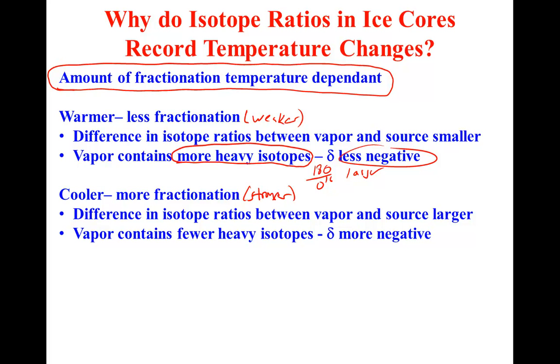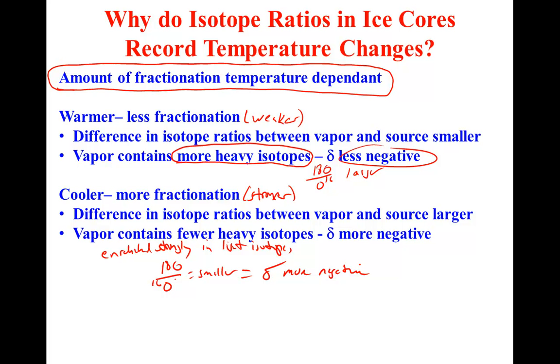The vapor, in contrast, becomes strongly enriched in light isotopes, meaning the ratio of heavy to light isotopes gets smaller, and the delta becomes more negative as a result.